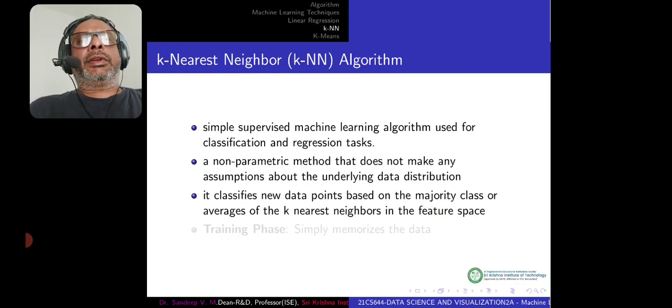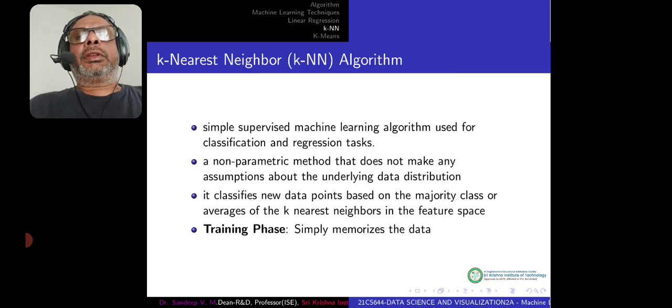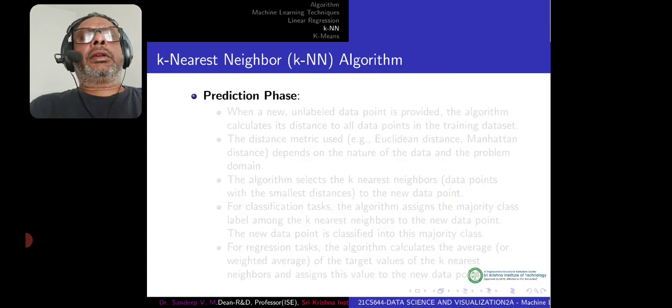Here the classification of a new data point is based on the majority class or the average of the k nearest neighbors in the feature space. There is a training phase in this case, but it is not to identify beta naught, beta 1 parameters, but just to memorize the data. Then the major part is in the prediction phase.